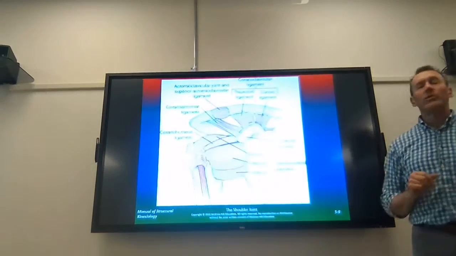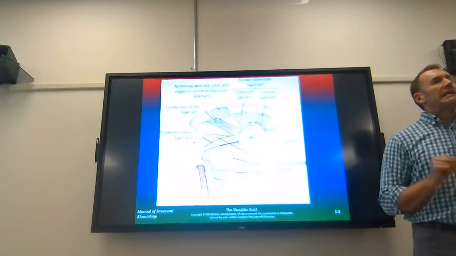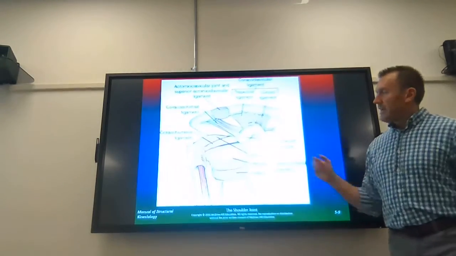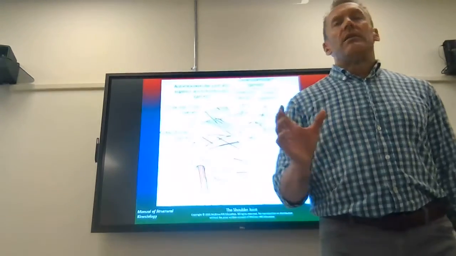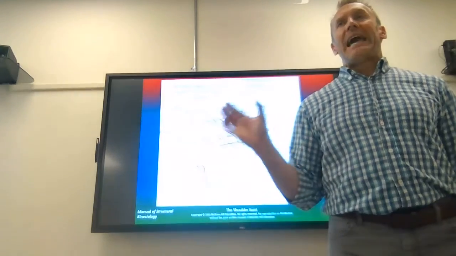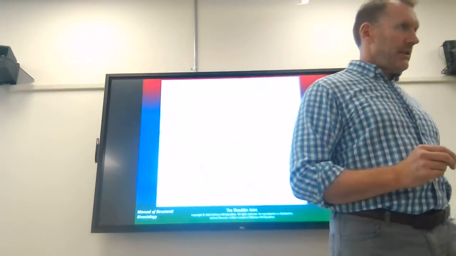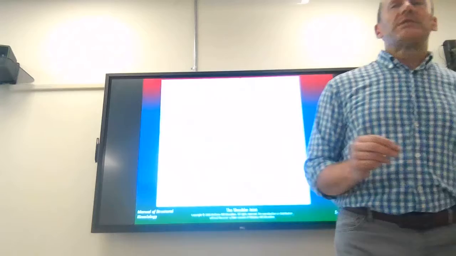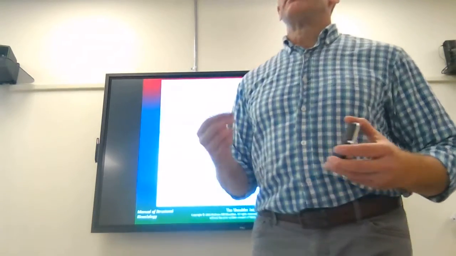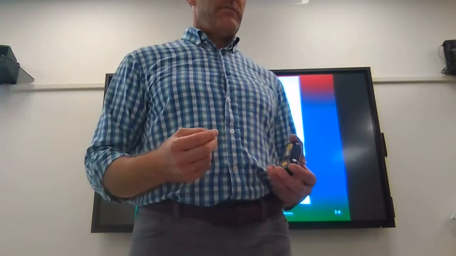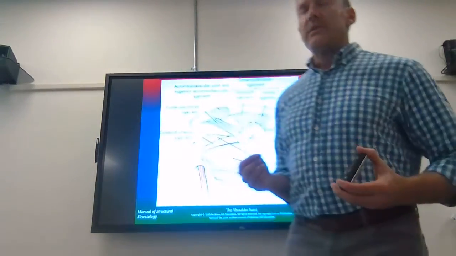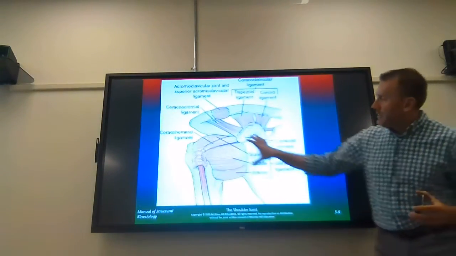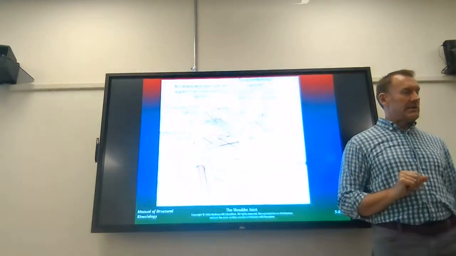So the glenohumeral ligament, which actually has 3 different parts. The glenohumeral ligament forms the capsule of the shoulder joint. So that's what diarthrodial joints are characterized by having, we call it a synovial capsule. So in the case of the shoulder, the capsule is made up of these 3 ligaments.